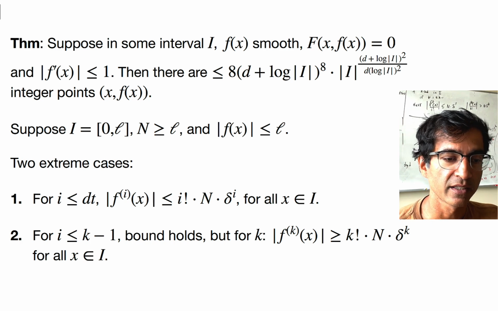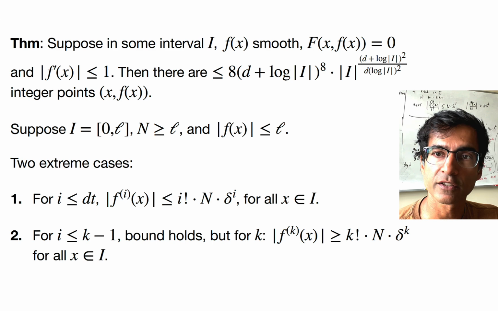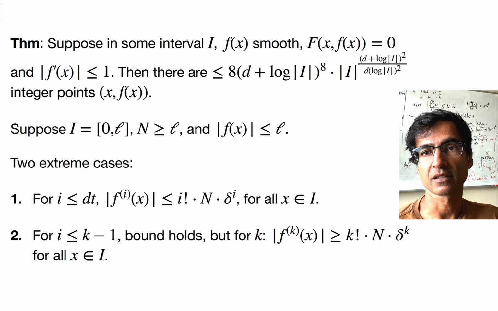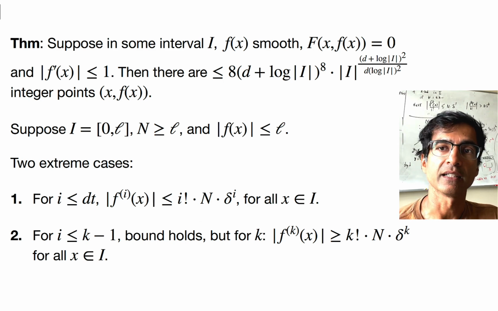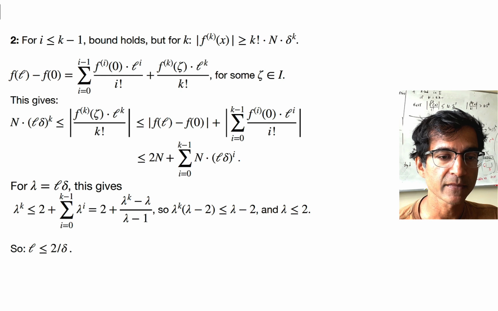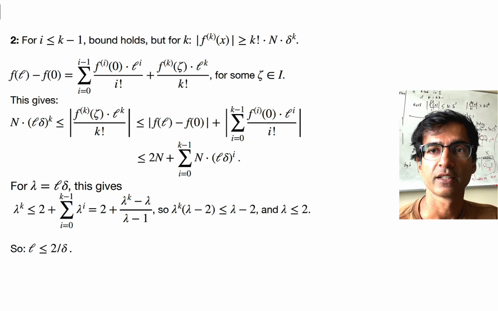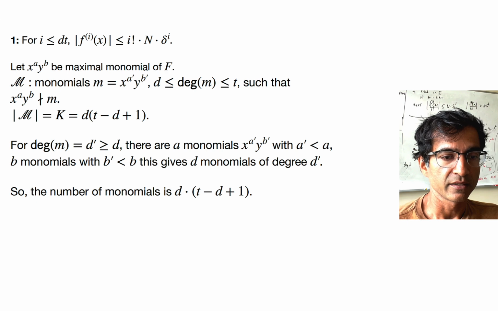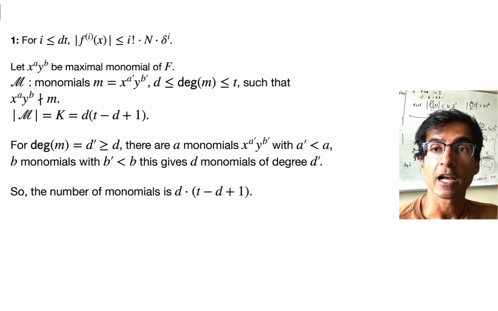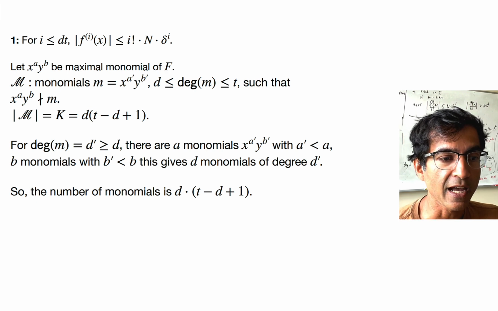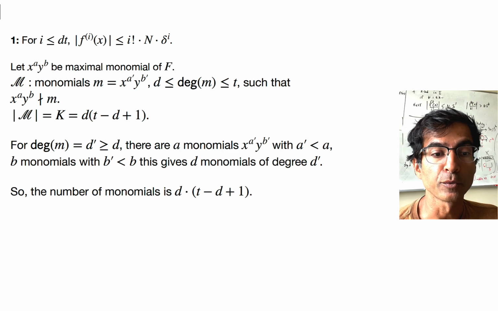Okay, so as before, there are two cases. Either all of the derivatives are small, or they're small up to some point, and then large. This calculation is identical to what we had before. We have to be a little bit careful about how we pick the set of monomials now. So now let x^a y^b be the maximum monomial of F. There's no little f anymore.